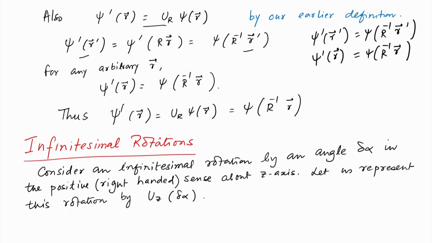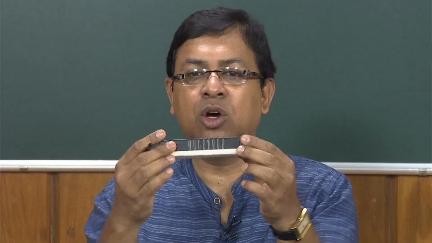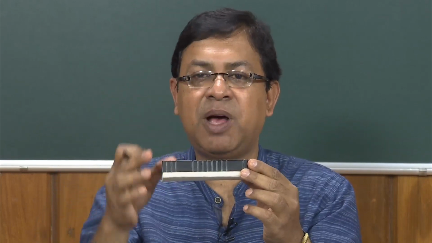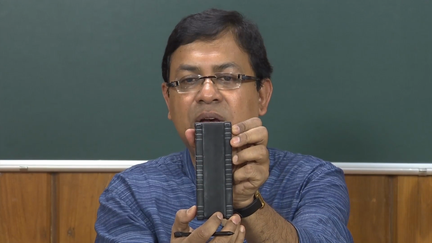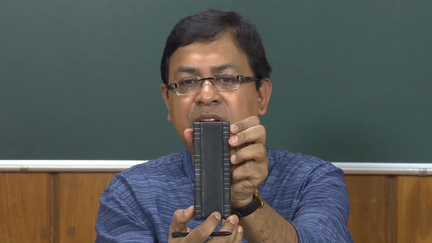What we mean to say is that if we rotate an object, suppose this is the object that we want to rotate, and this is the z axis that is passing through this. If you rotate it about the z axis by an angle of 90 degrees, and then rotate it like this, so this is my x axis, this is my y axis, and this is my z axis.